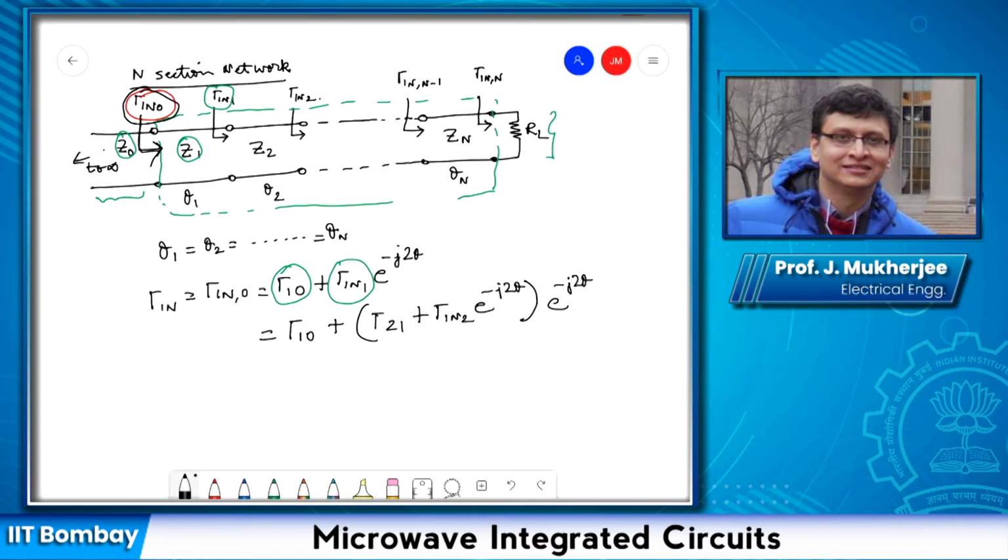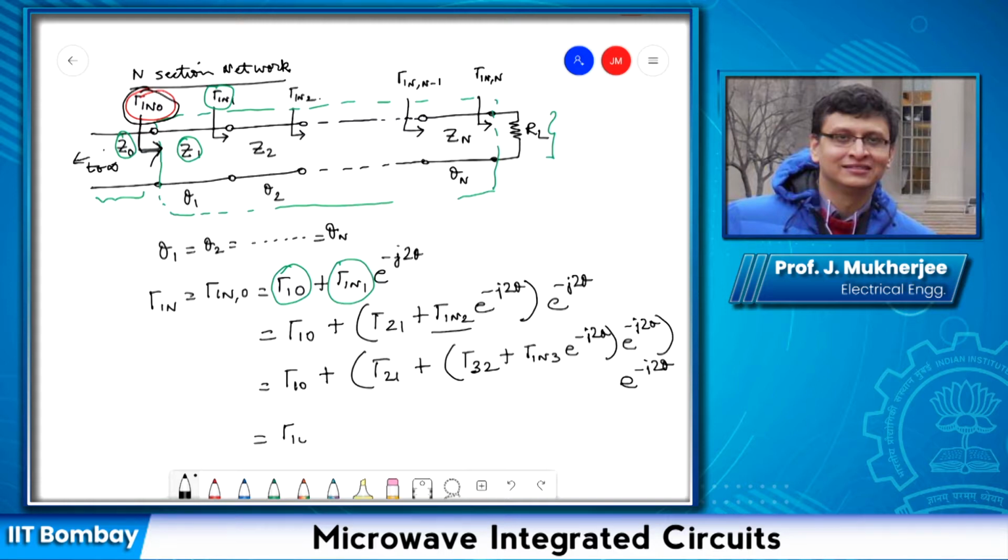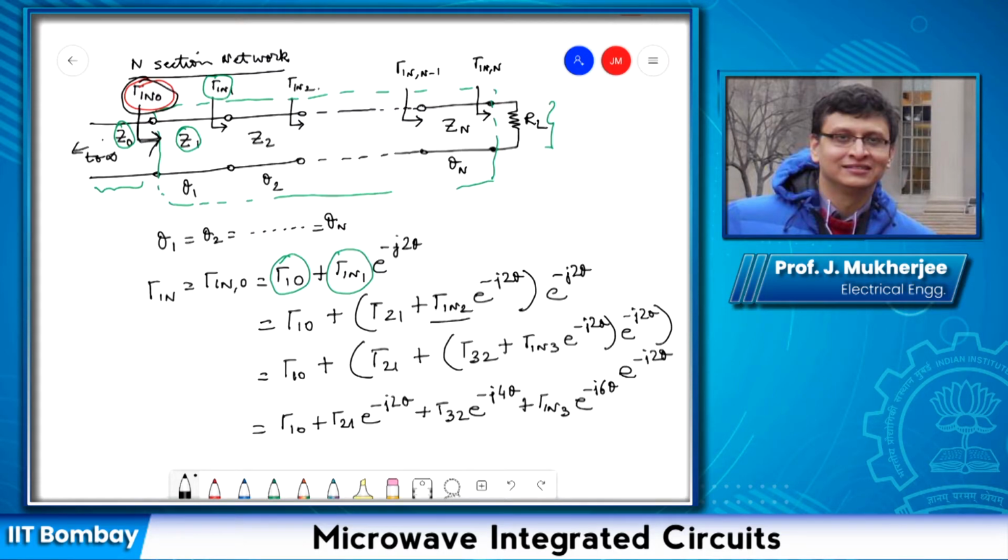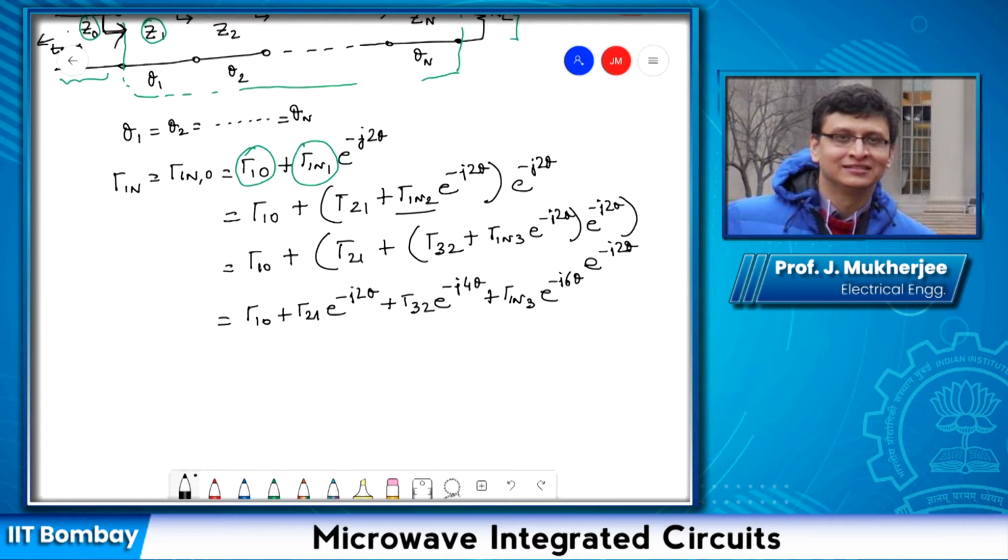Further, in fact, I can now expand this also further, and so on for all the n elements. So if I expand it, it will look something like this. So for all the n elements, if I evaluate this, my value of gamma in as a function of theta will be something like this.